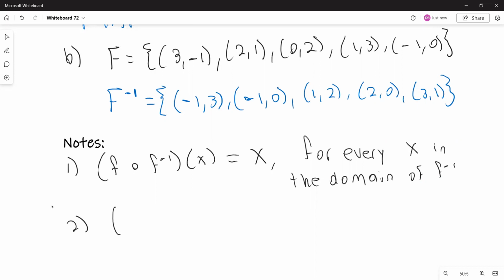And in this particular case, the composition is commutative. The composition of f inverse and f is equal to x for every x in the domain of f.